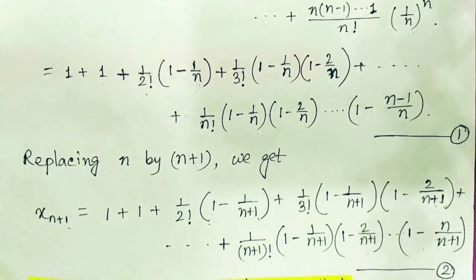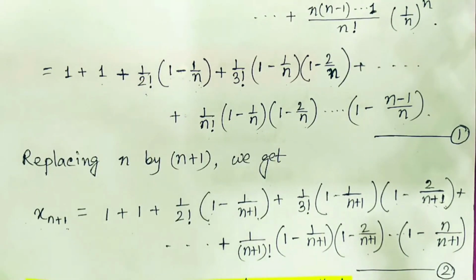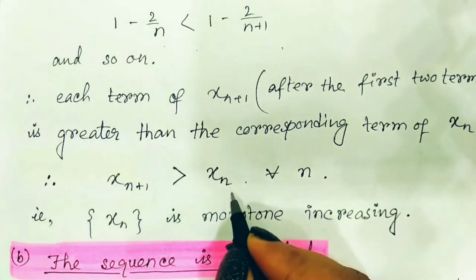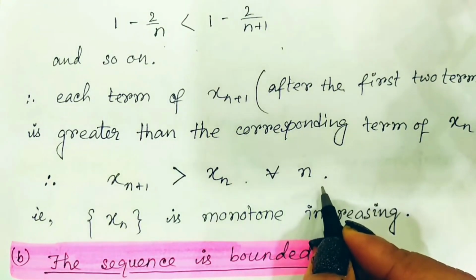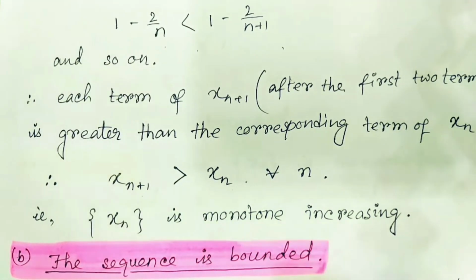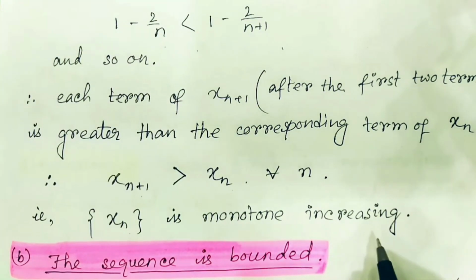Likewise, finally we can say that xn plus 1 is greater than xn for all n. Hence, we can say the given sequence is a monotonically increasing sequence.